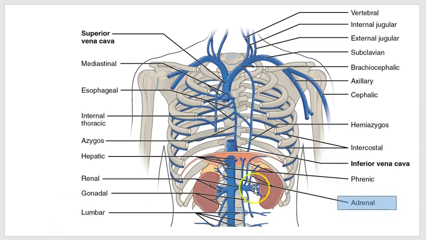And then over here, on this one, it shows it branching off the renal to go up to the adrenal. And so up here, you have your adrenal glands that produce adrenaline, epinephrine, norepinephrine.